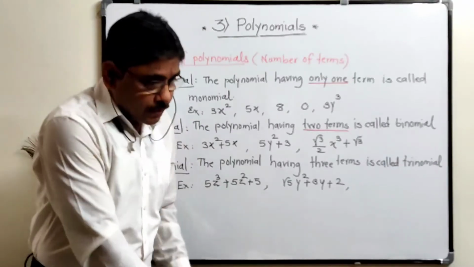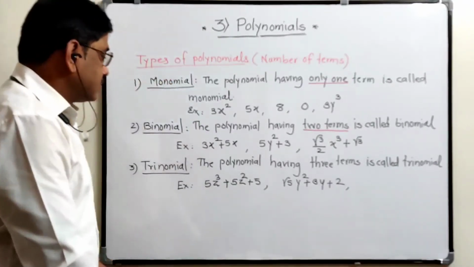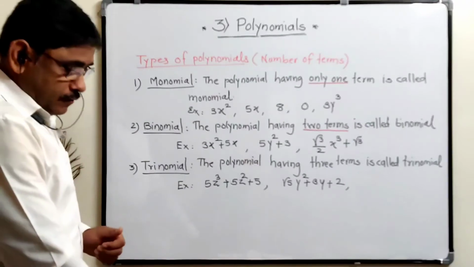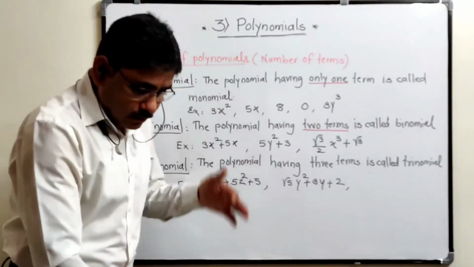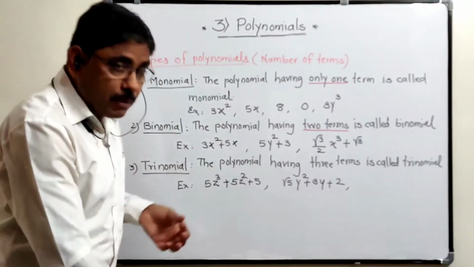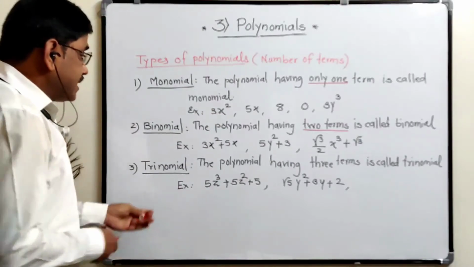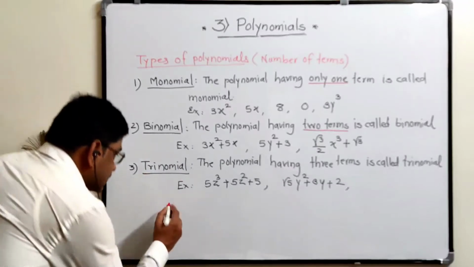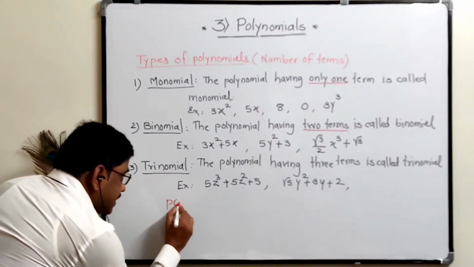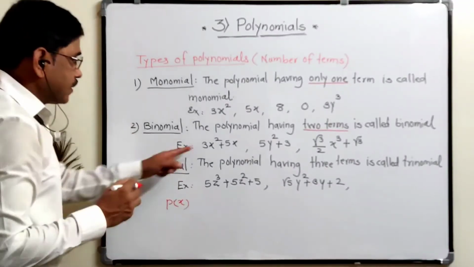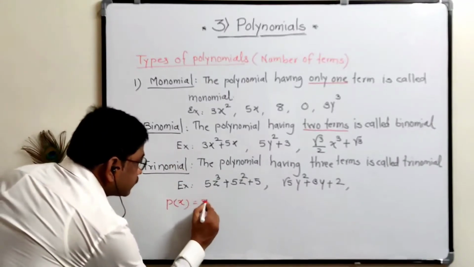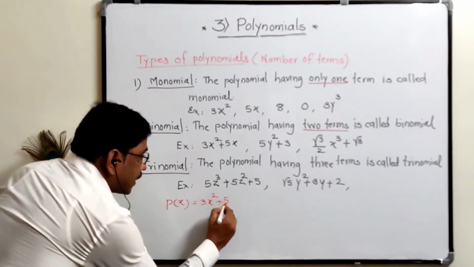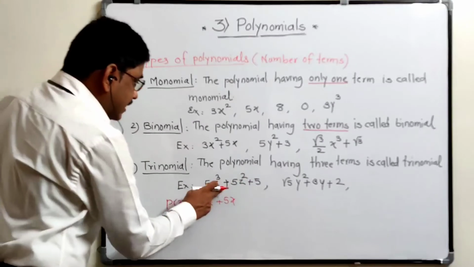So here, how to write that polynomial? We indicate the polynomial by p, meaning this polynomial. Suppose this one, second example, is written as p(x), meaning polynomial in x: 3x square plus 5x. Here it is the polynomial in z.